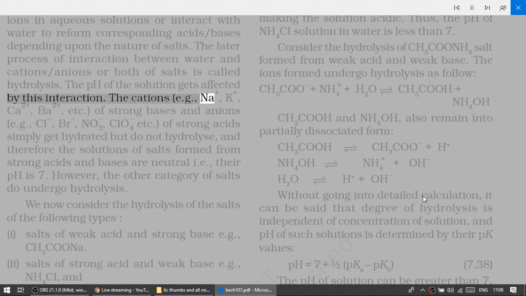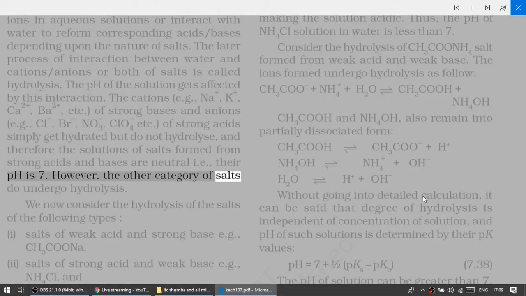The cations, e.g., Na+, K+, Ca2+, Ba2+, etc., of strong bases and anions, e.g., Cl-, Br-, NO3-, ClO4-, etc., of strong acids simply get hydrated but do not hydrolyze, and therefore the solutions of salts formed from strong acids and bases are neutral, i.e., their pH is 7.